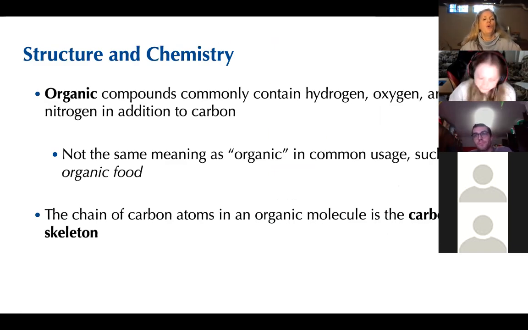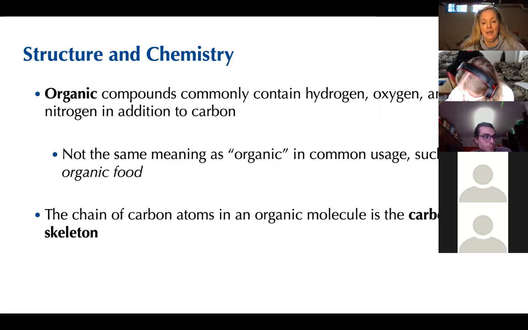All right. So organic compounds are going to be compounds that contain hydrogen, oxygen, and nitrogen in addition to carbon. Organic chemistry is really the chemistry of carbon, if you haven't ever taken organic.